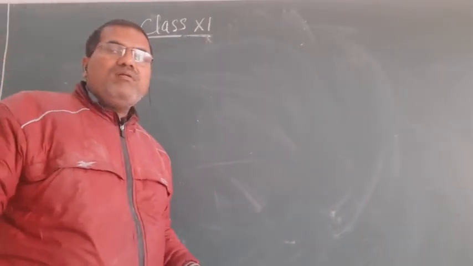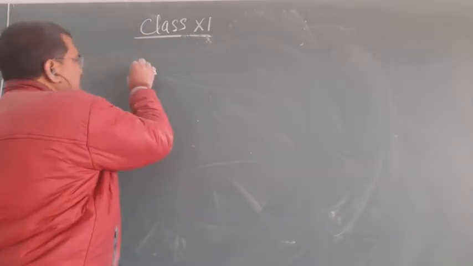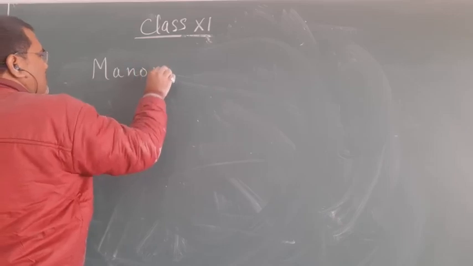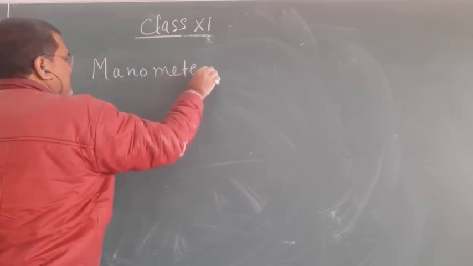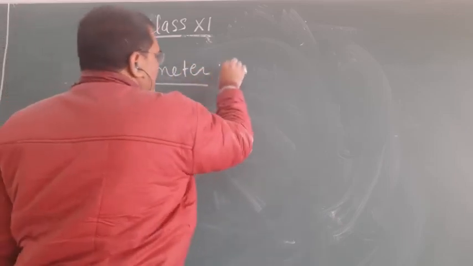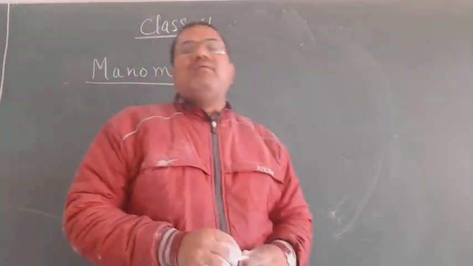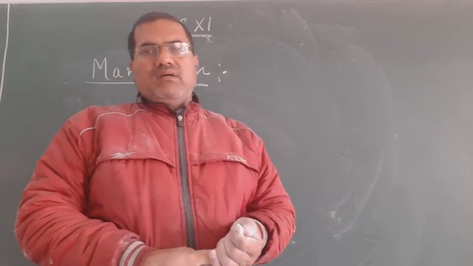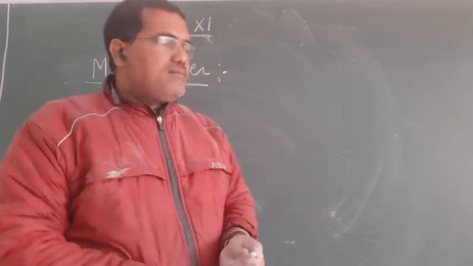Now we move on to the manometer. You can see the manometer. What is the manometer? It is a device which is used to measure the pressure of a gas, any gas.